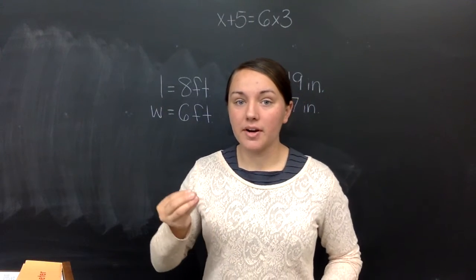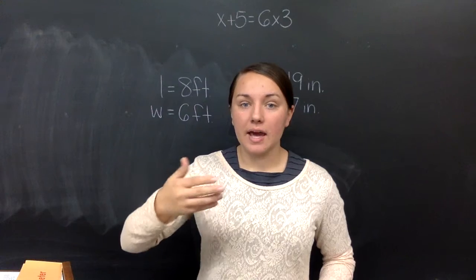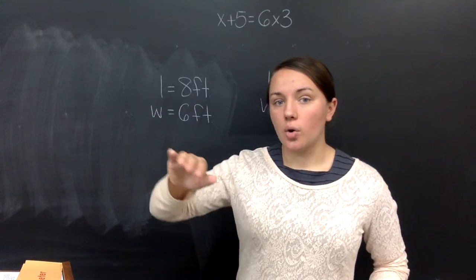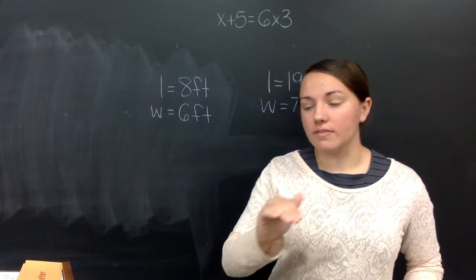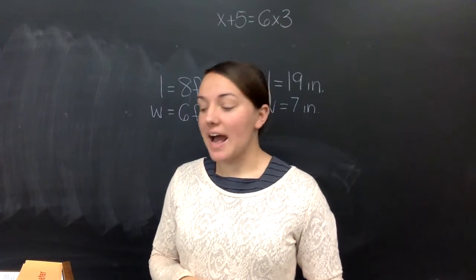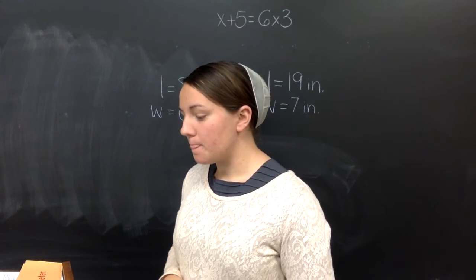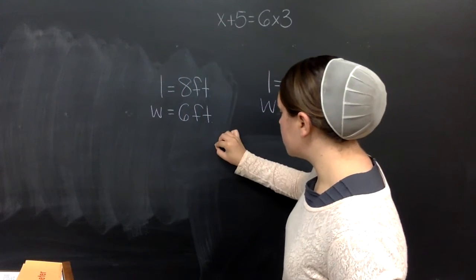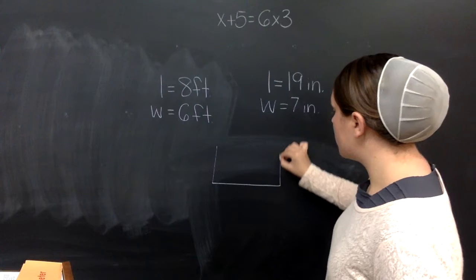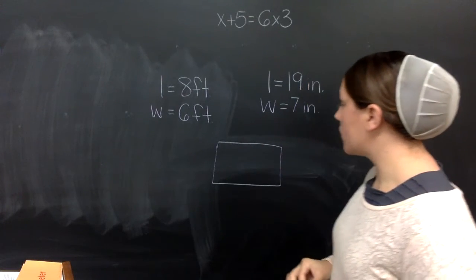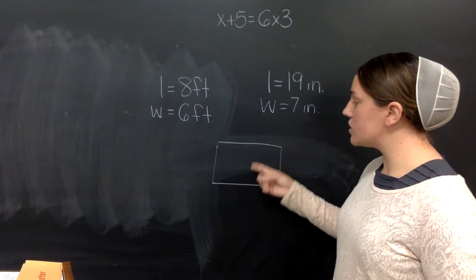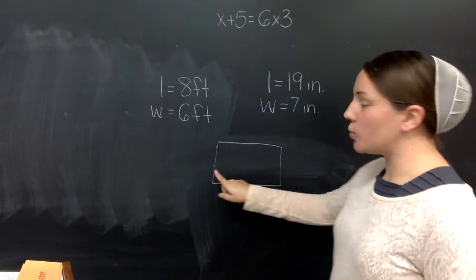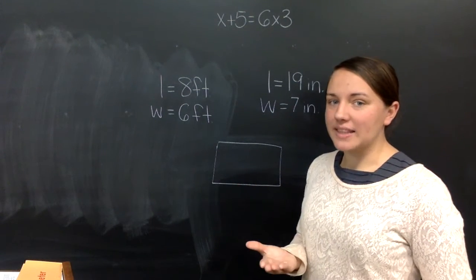Because remember, a rectangle is a polygon, and perimeter is measuring the length around. So we would have to measure the length of all of the sides of our classroom and add them together. Now, on a rectangle, we just draw a rectangle here. Because on a rectangle, the two sides of length are the same length, and the two widths are the same width.